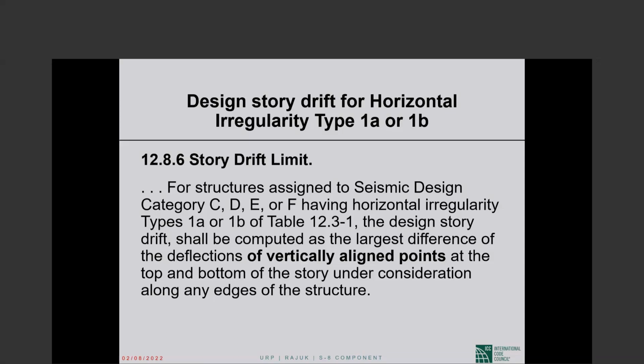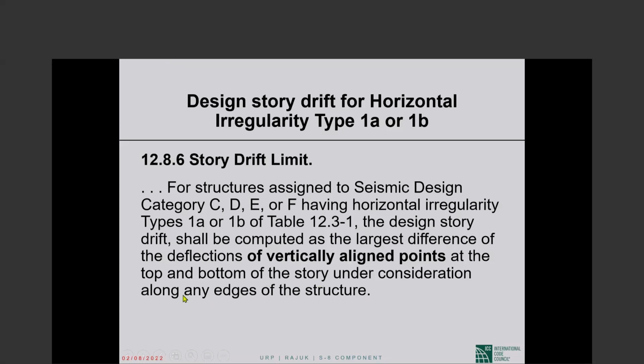When you have torsion, normally interstory drift would be the deflection at the center of mass of the floor above and the center of mass of the floor below. But when there is torsion, you need to look at the periphery of the building. What is the word?